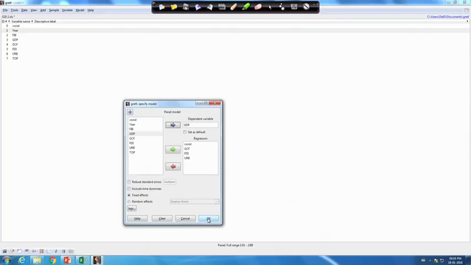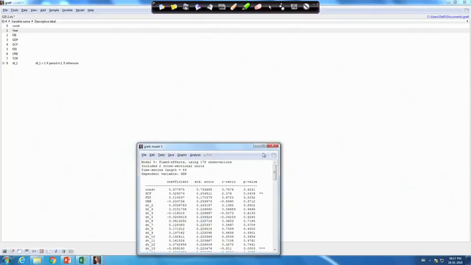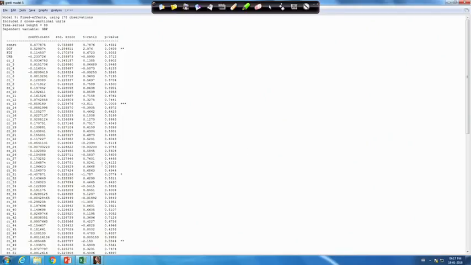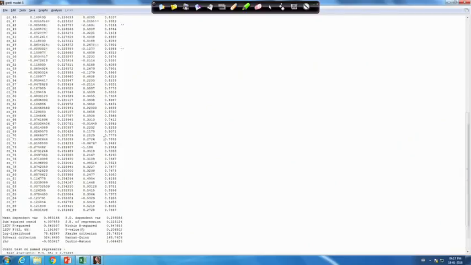Okay, so now you can put including dummy, then you find out the dummy impact. So, these are the various results, and we have plenty of options here.